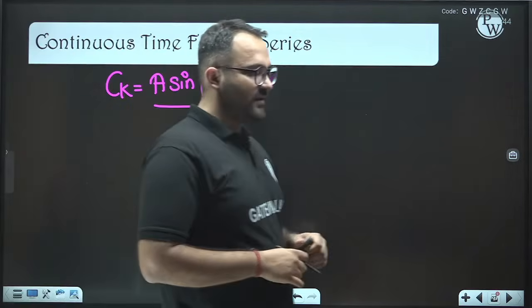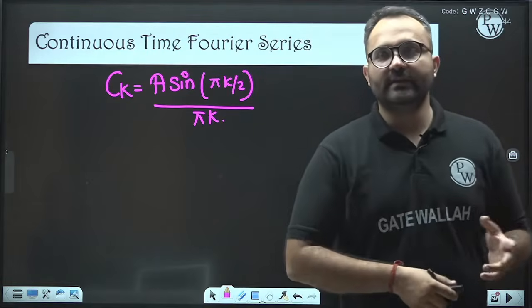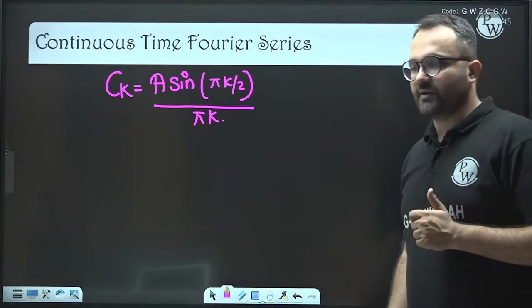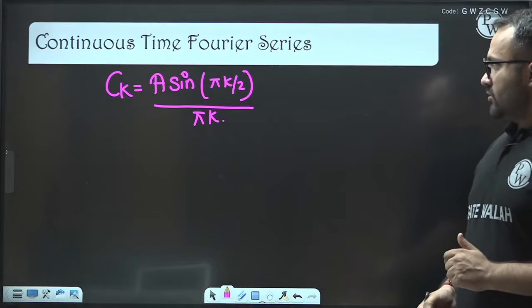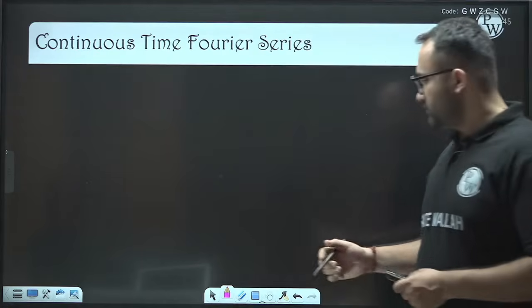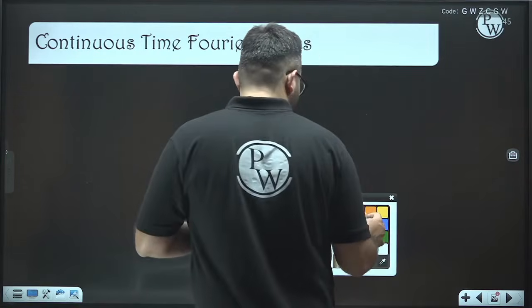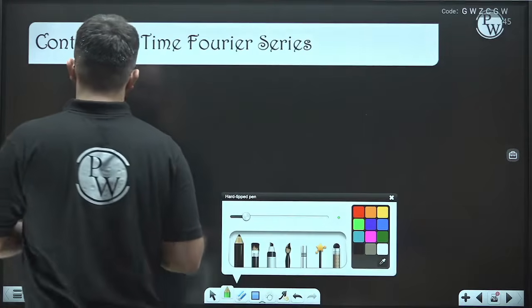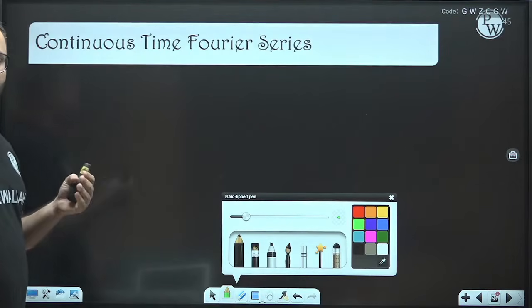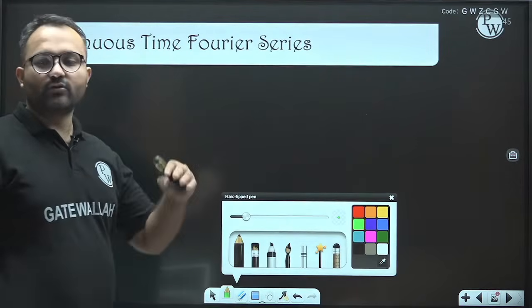Great. Like this, we can find out for any signal very easily by performing simple integration. Now let's move on to the questions of the format where we have to find out the exponential Fourier series coefficient of signals written in sine and cos only.